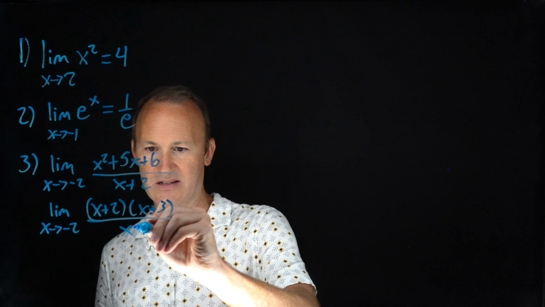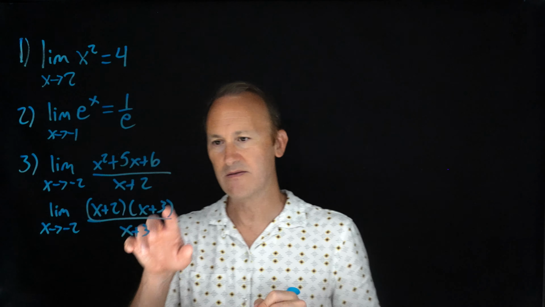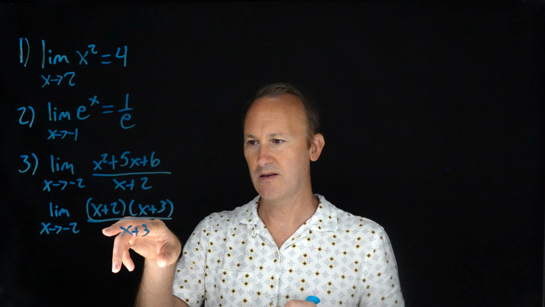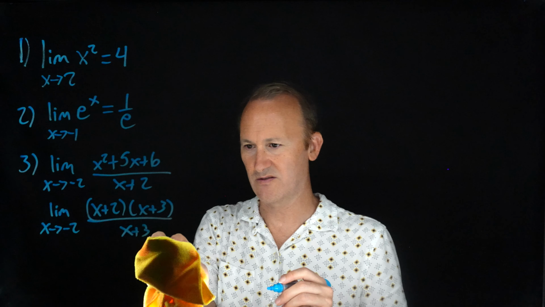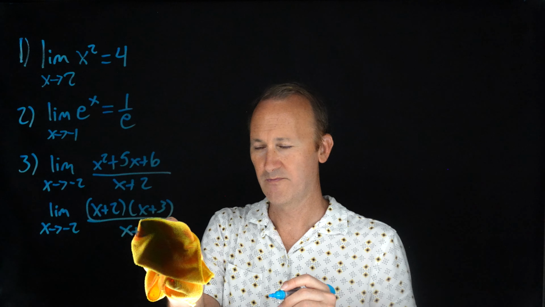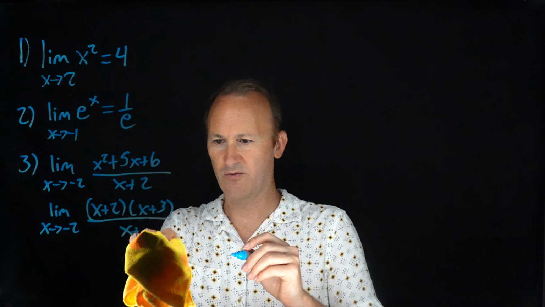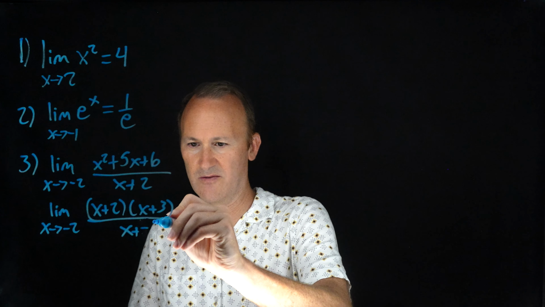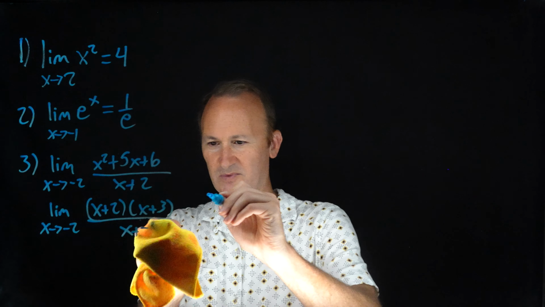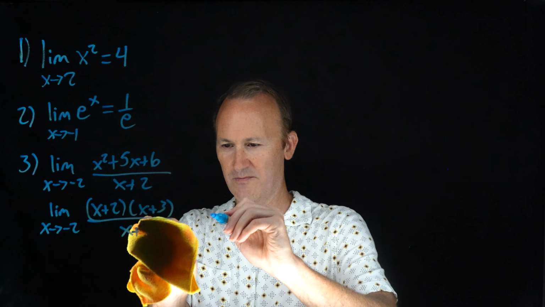Okay, this is really nice now because at this point, there's a x plus 2 there in the denominator. At this point, you've got 0 over 0, right? So you've also got a 0 in the numerator, x plus 2, with -2 plugged in.